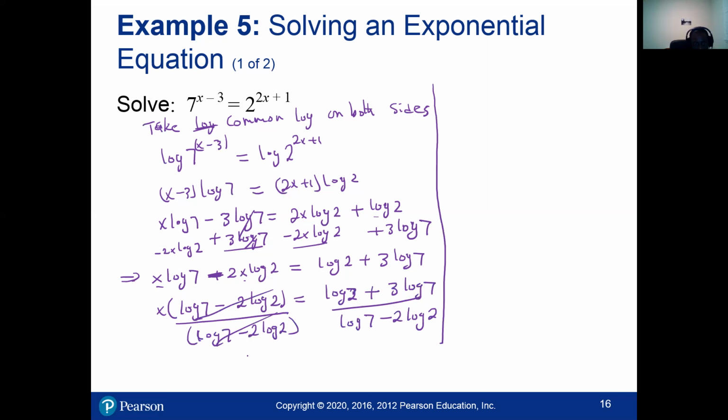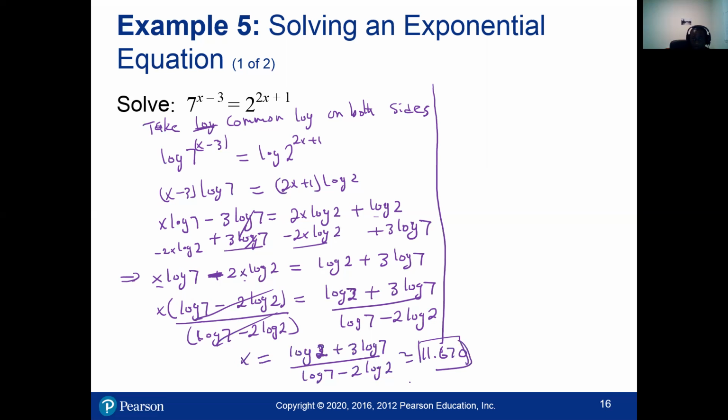Okay, so your x is equal to log 2 plus 3 log 7, all over log 7 minus 2 log 2. If we evaluate that, it will give you approximately 11.6672.